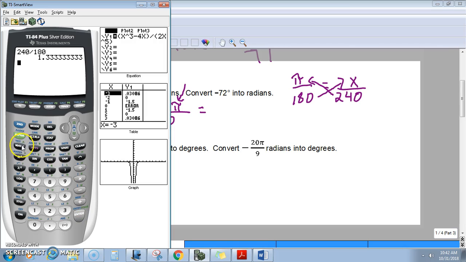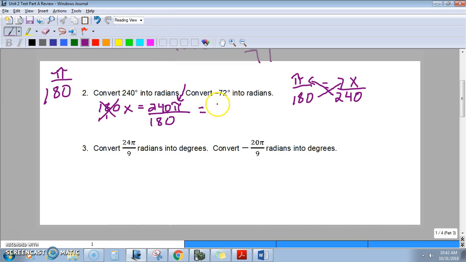Enter, and then you go into the math button, and the first one is fractions, and enter. That's the same as 4/3, right? So now we can come back over here, and we know that that is 4 pi over 3. It's this answer that is showing up as the multiple choice answer.